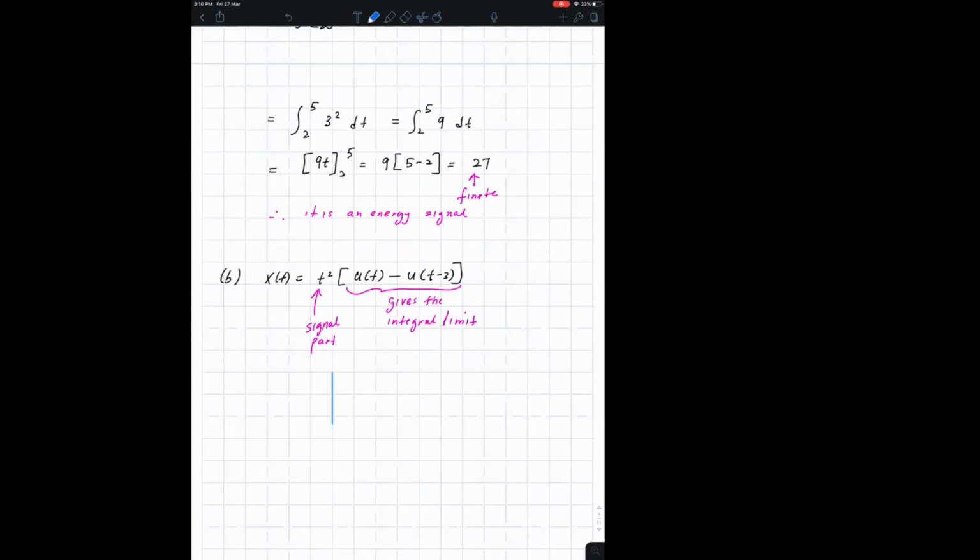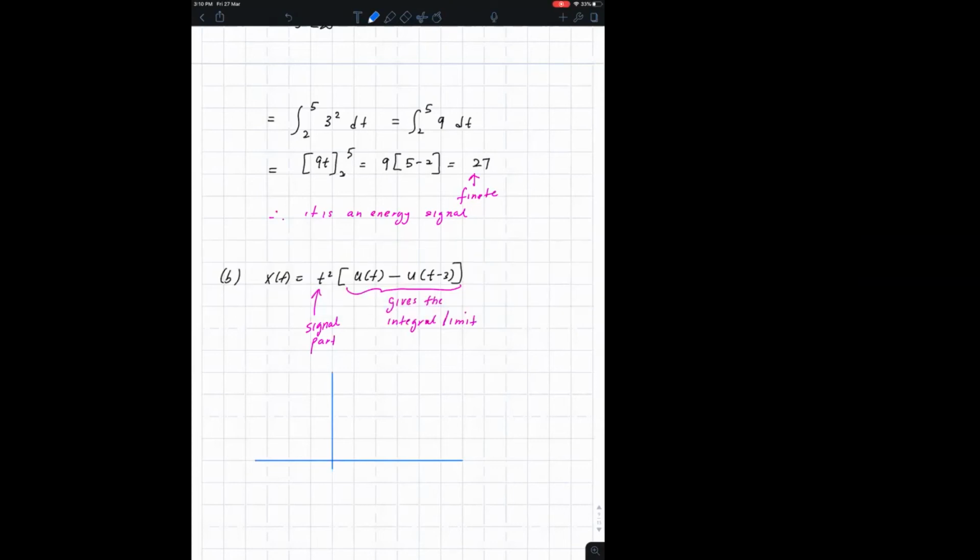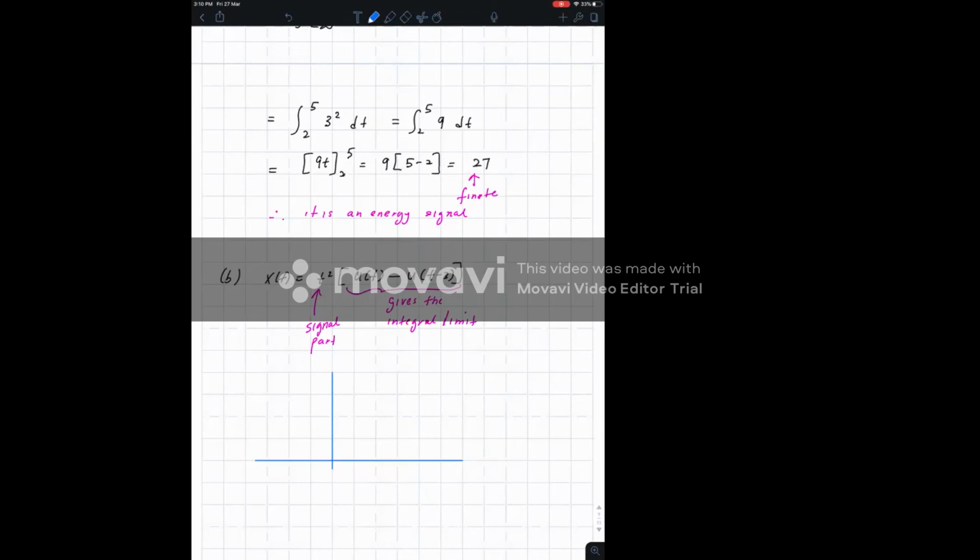For example, if I sketch it the way it is, this is x(t), and this is t squared. This is just a parabola. But what is this part doing? So what is the step function doing? It's just giving you the limit.